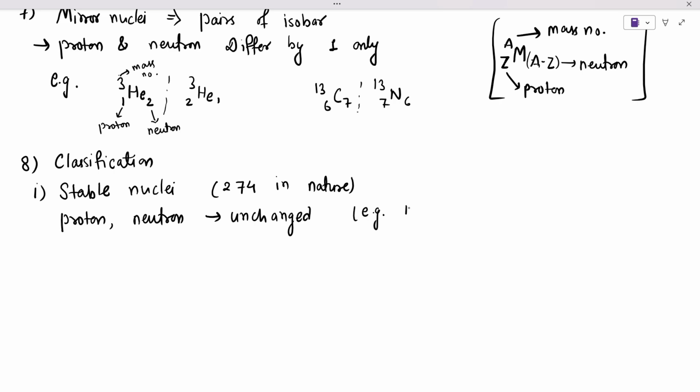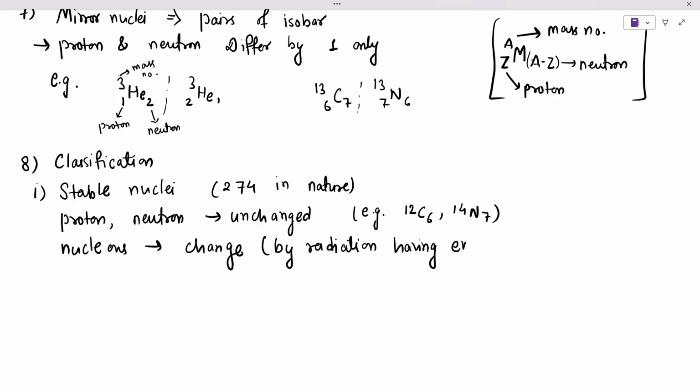For example, carbon-12 with atomic number 6 and nitrogen-14 with atomic number 7. But nucleons can change by radiation which has energy greater than or equal to 10 mega electron volt.